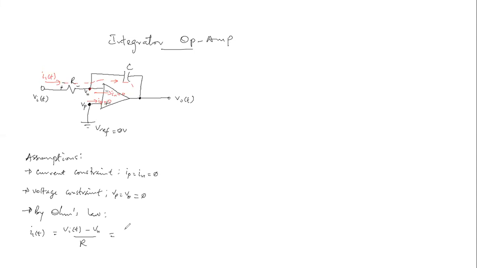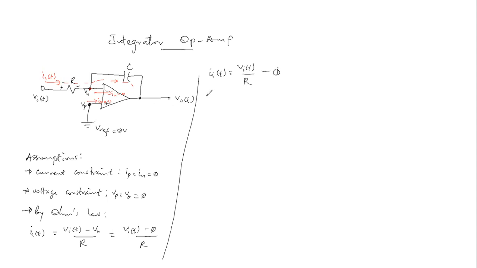So this therefore implies V sub I of t minus 0 divided by R. So I sub I of t will be the same as V sub I of t divided by R. So let's say this is our first equation.